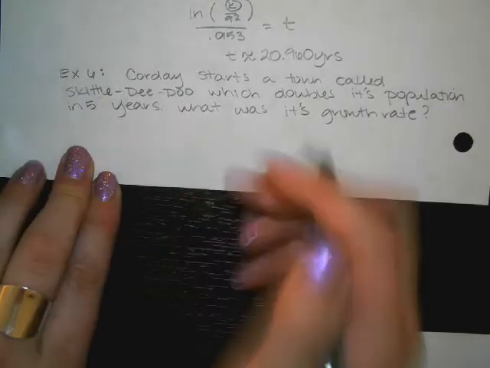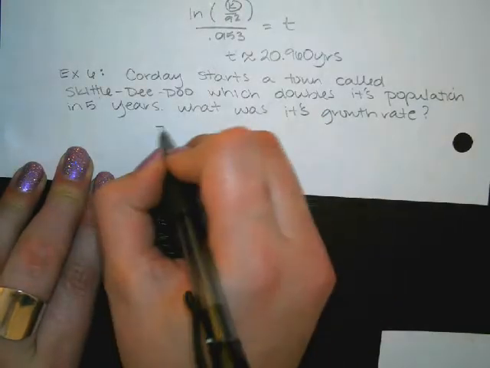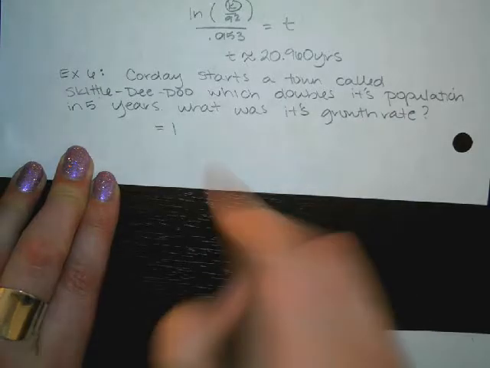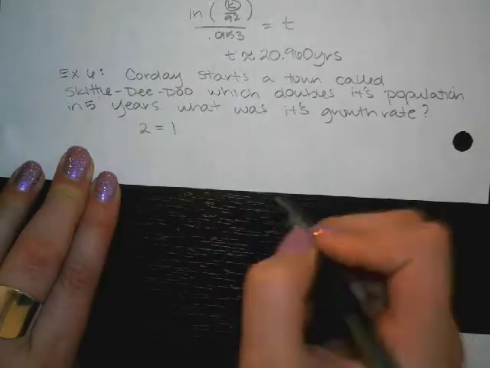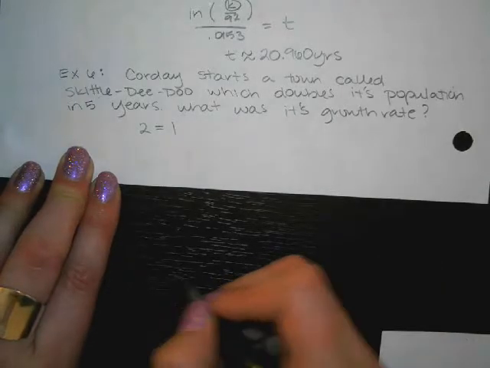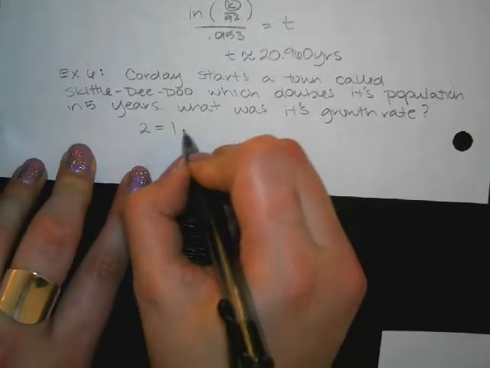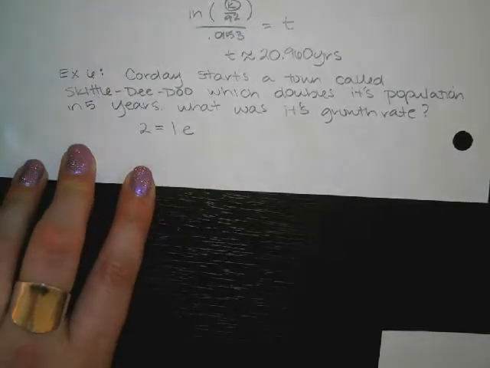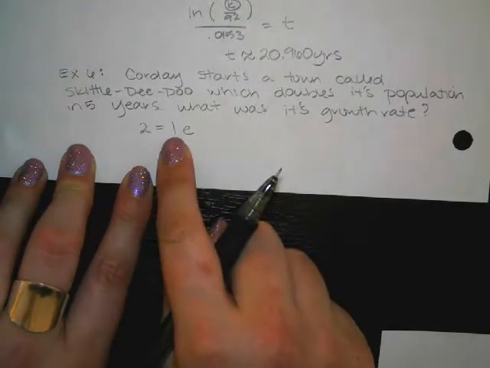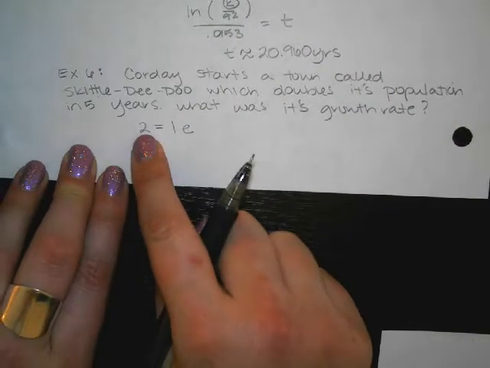All right. So we're going to say Corday's town starts with just him, and after 5 years, it's him and his wife. So start off with 1, end up with 2.